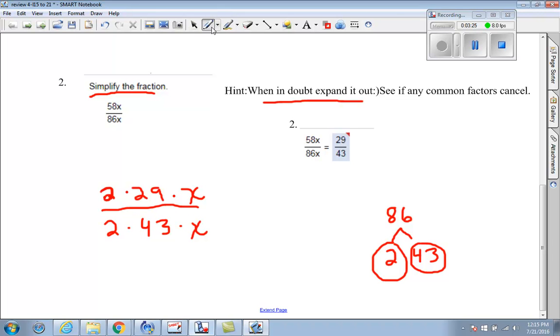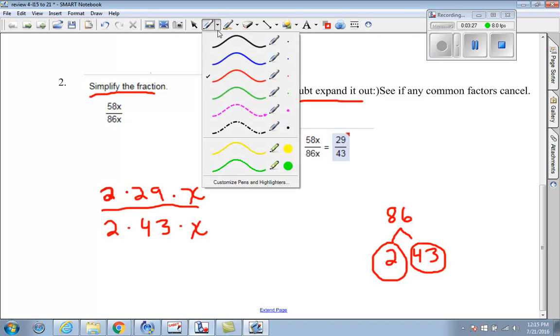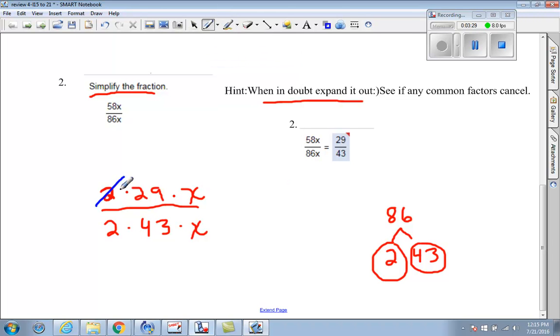And then we know that we can cancel common factors. So I'm going to grab blue here, cancel the 2, cancel the 2, cancel the x, meaning they divide out, right? And what are you left with? Voila. You're left with 29 over 43. Again, I left the answers hovering there to the side so we could see how to obtain them. Let's go to the next one.